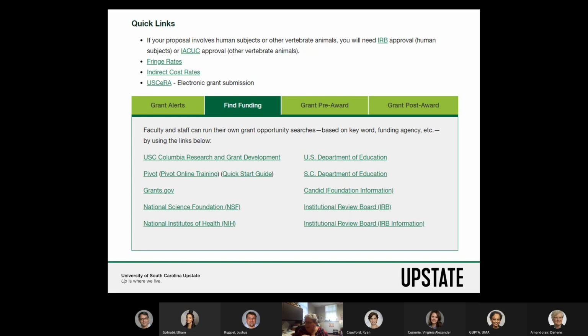So I would really recommend going to the Research and Grant Development page and signing up for that listserv. It's called ResDev, Research Development. And so they will send you emails regularly with lots of good information about grants and grant-related items.